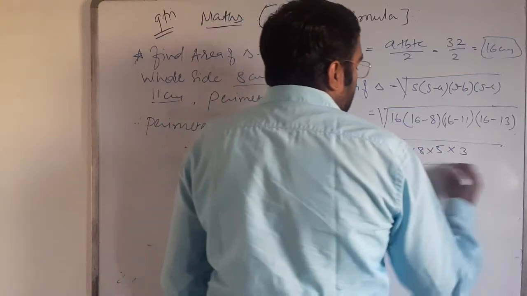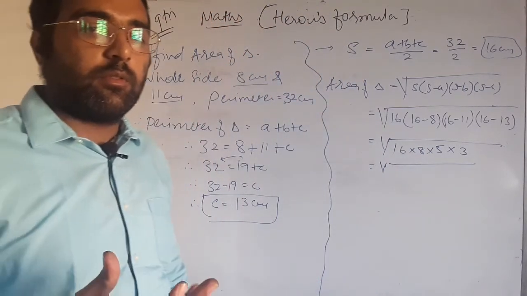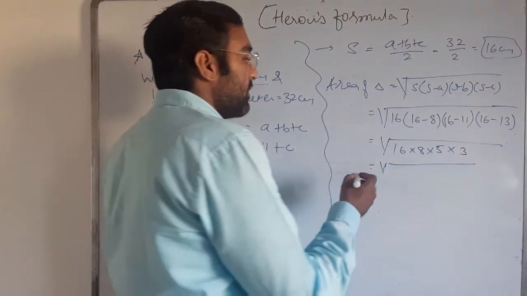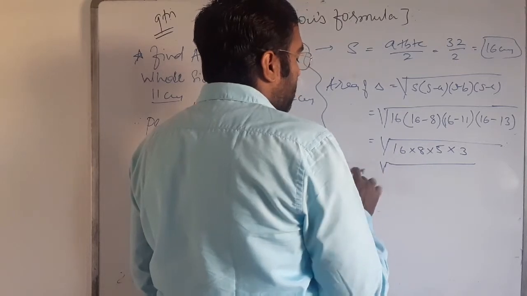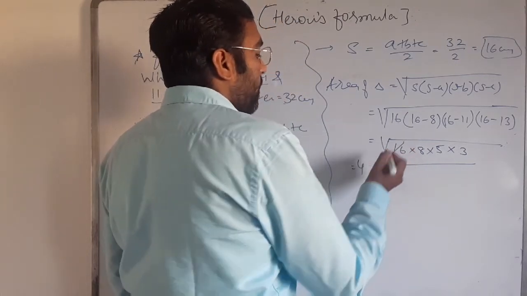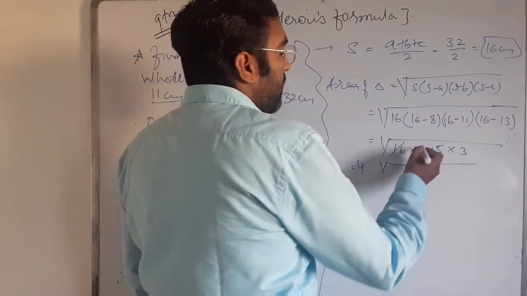Now we have to find the square root of these numbers. First of all convert them into factors. The square root of 16 is 4.